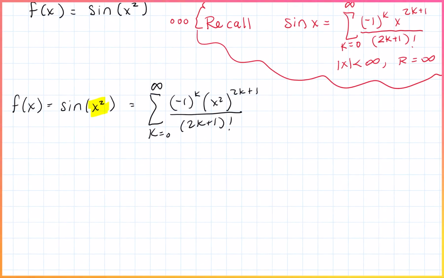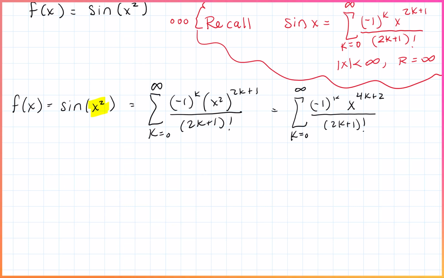Now I'm going to simplify that a little bit before I take the derivative. So that goes from k equals 0 to infinity, negative 1 to the k, x to the, let's use rules of exponents there, 4k plus 2 all over 2k plus 1 factorial.